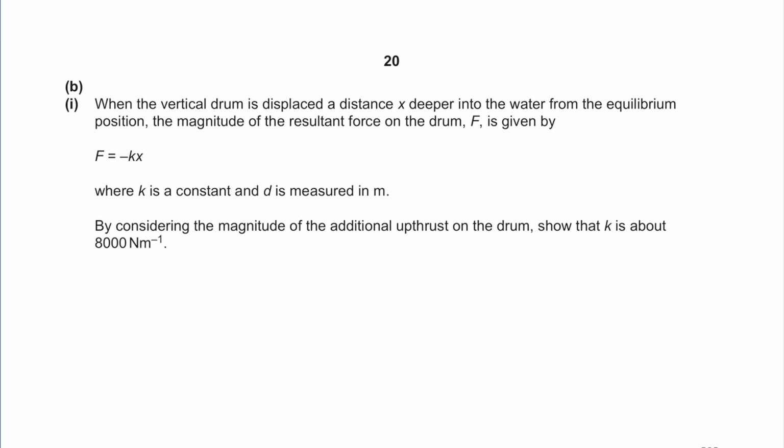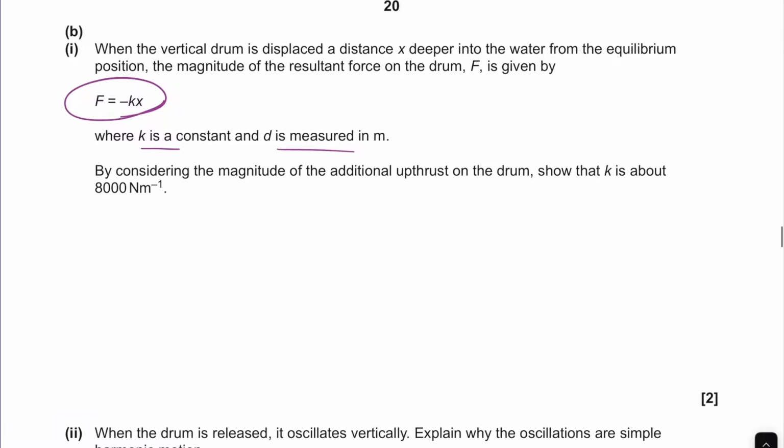When the vertical drum is displaced a distance x deeper into the water from the equilibrium position, the magnitude of the resultant force acting on the drum is now given by F equals minus kx, where k is a constant and d is measured in meters. By considering the magnitude of the additional upthrust on the drum, show that k is about 8,000 newtons per meter. We know upthrust equals rho g V, or A times x, because it's been displaced a distance x deeper, and that is equal to kx.